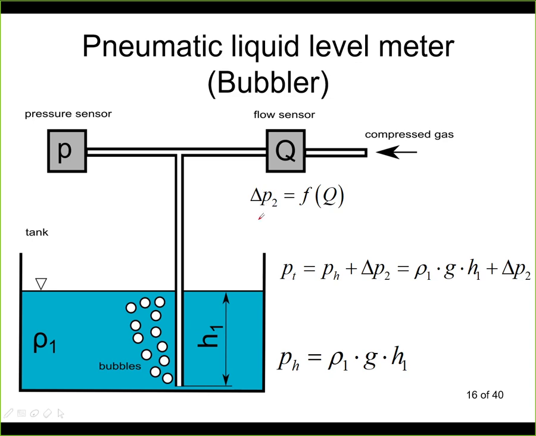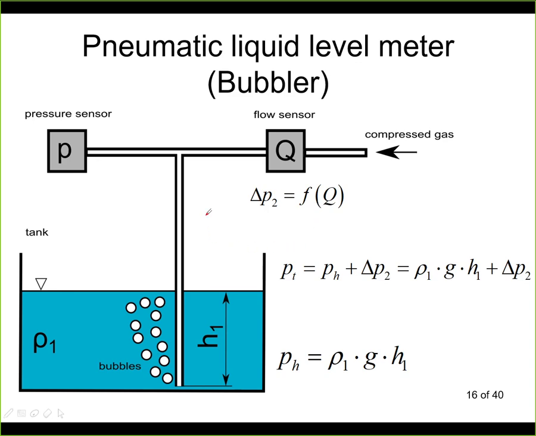And then you can find out that the pressure that you actually measure is a function of the flow, but this is a constant value, but it is also a function of the liquid level here. So if the liquid level is higher, then we need more pressure to create the constant flow.